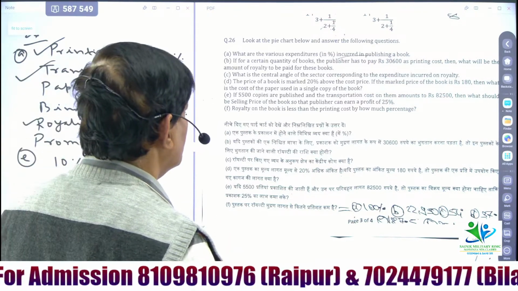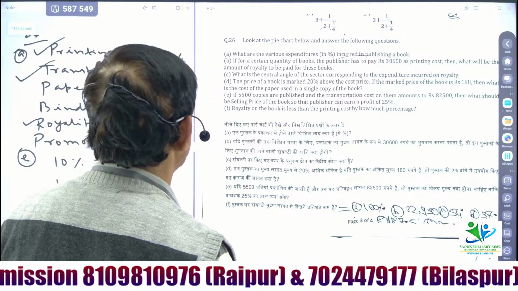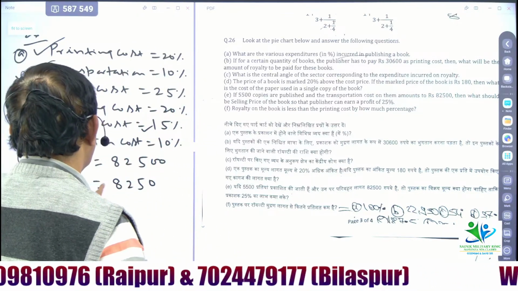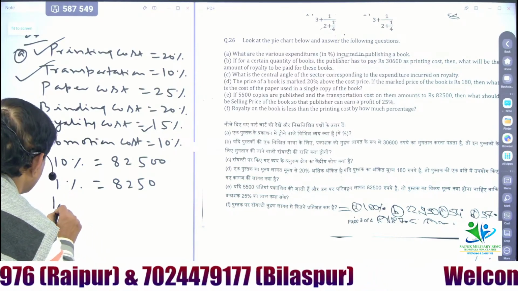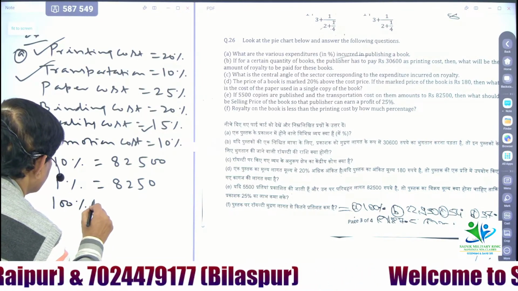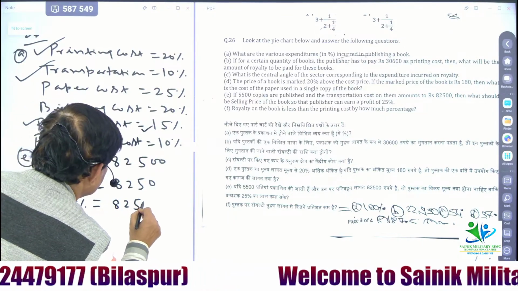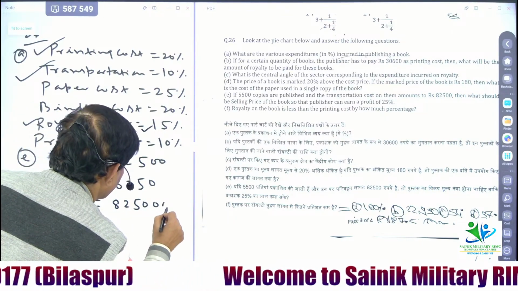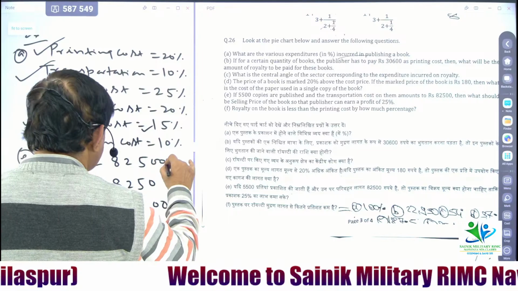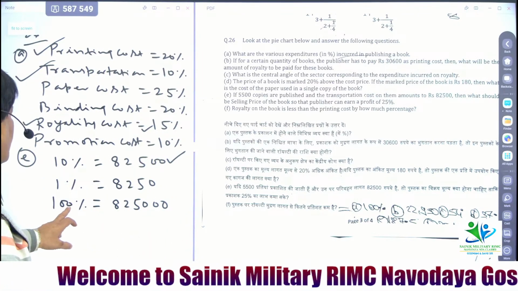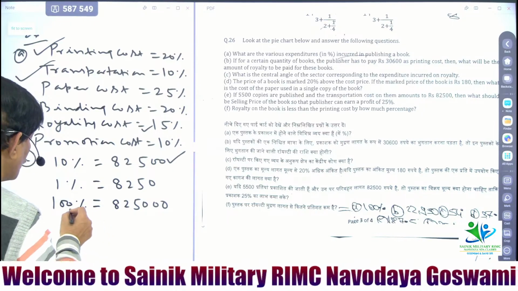Now this one is the transportation cost and 1%, and therefore 100%. That means the cost of the book is 8250 and 00 here. 10% is the transportation cost, that one is given. You have to find the 100%.